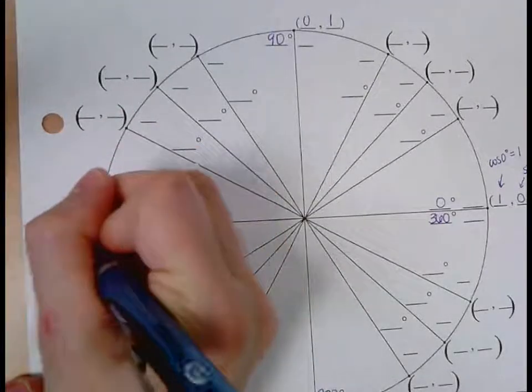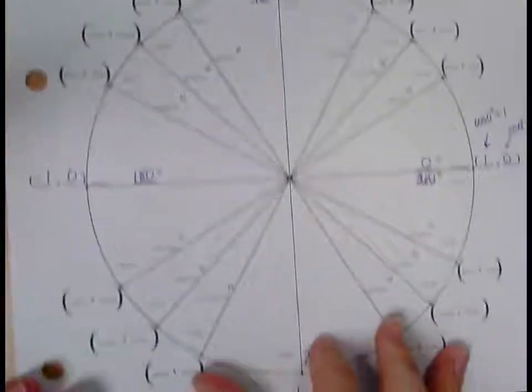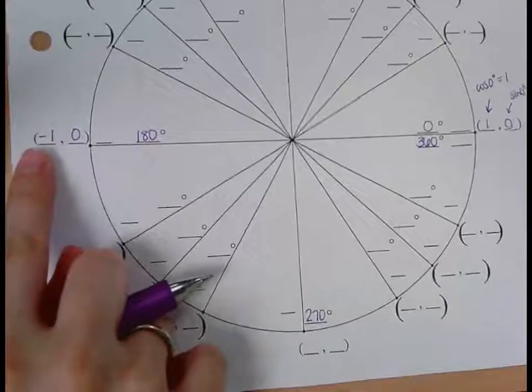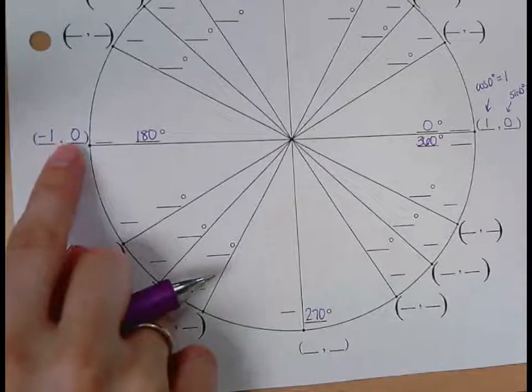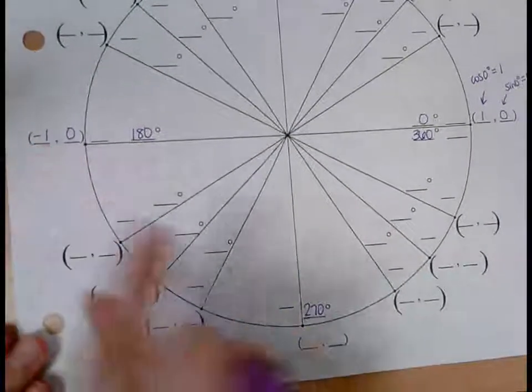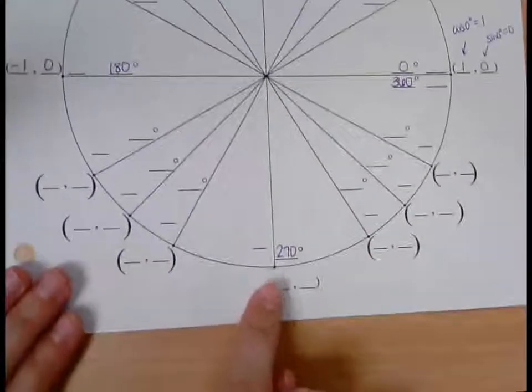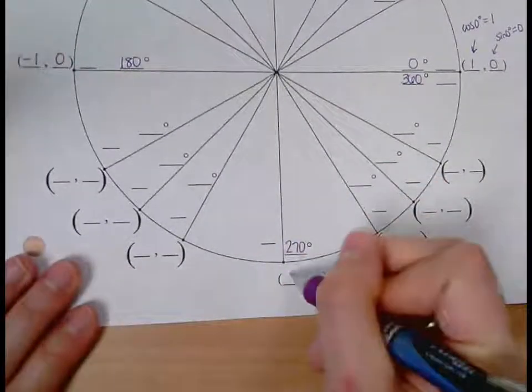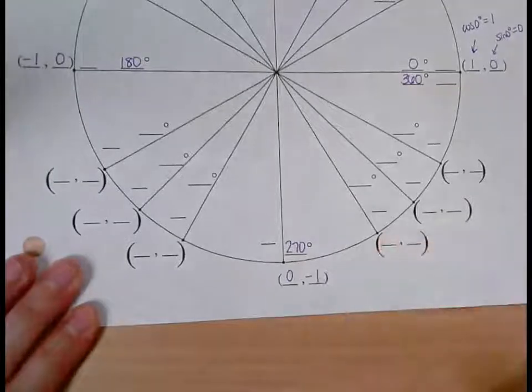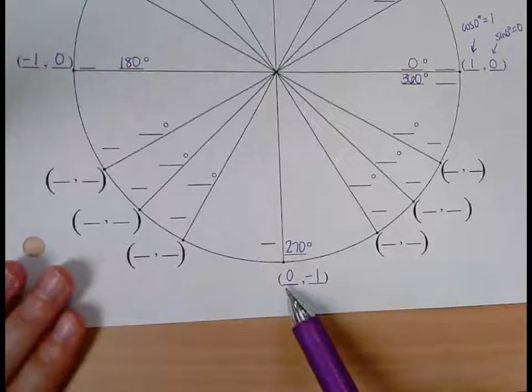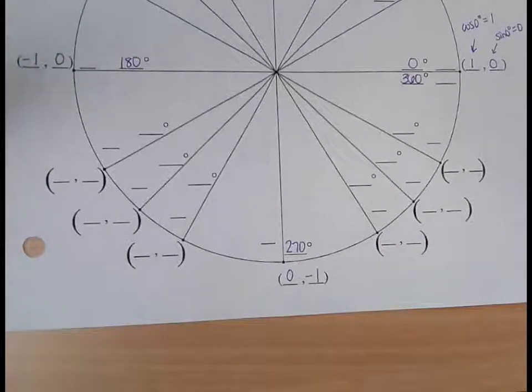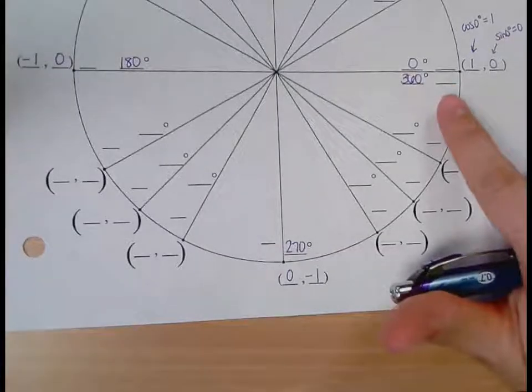Negative 1, 0. So cosine of 180 degrees is negative 1. Sine of 180 degrees is 0. And then at 270, 0, negative 1. Cosine of 270 is 0. Sine of 270 is negative 1. And then we're back to 360.